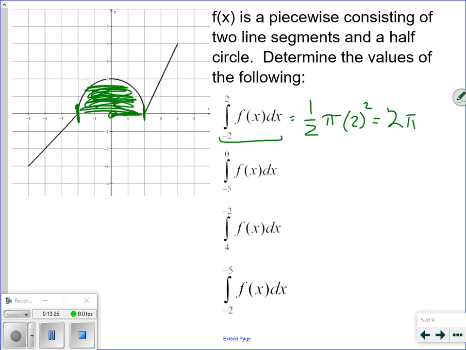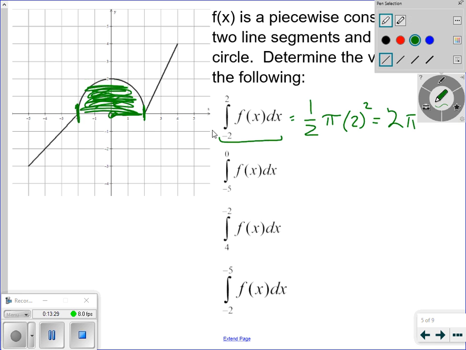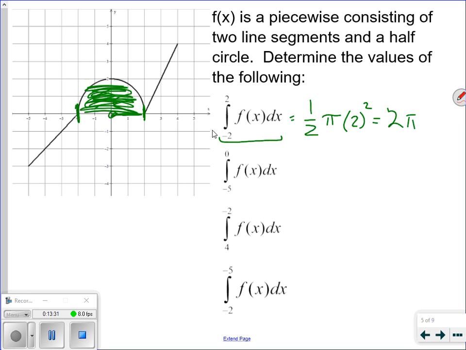So the area underneath the curve from negative 2 to 2 is 2 pi. What about from negative 5 to 0? So I'll do that in red. Negative 5 to 0, so here's negative 5, and here is 0. So that's asking for this area here and this area here. We're going left to right, but it's a negative area, right? It's negative because we're underneath the x-axis.